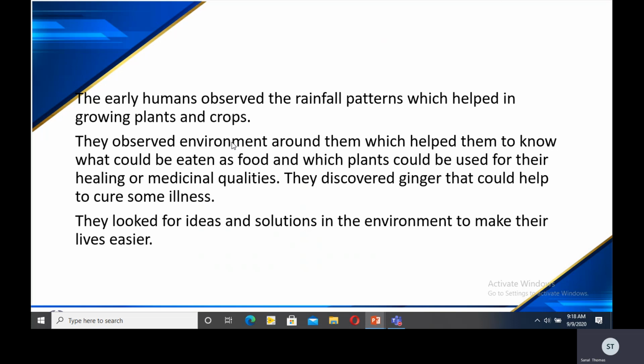They observed the environment around them, which helped them know what could be eaten as food and which plants could be used for healing or medicinal qualities. They discovered ginger could help cure some illness. They looked for ideas and solutions in the environment to make their lives easier.